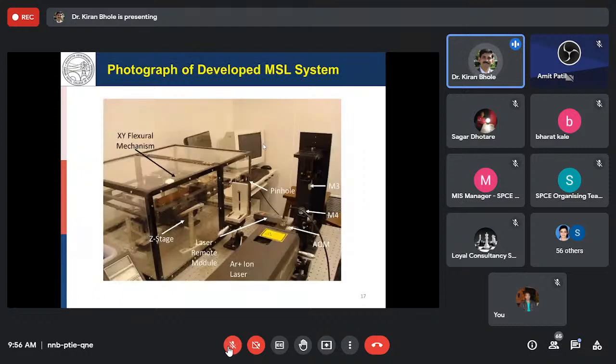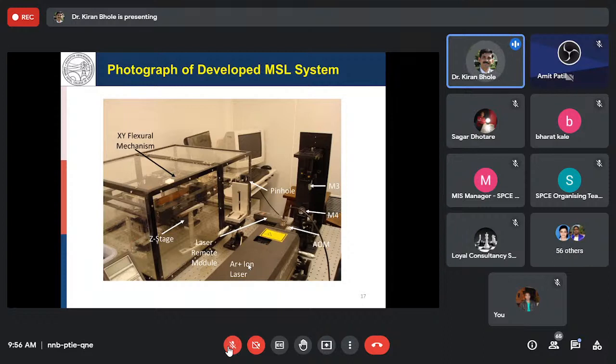This is the photograph of the developed MSL system. So this is the argon ion laser we are having. This is the source of the laser light. The argon ion laser used here is of 351.1 nanometer wavelength, and we can use many other laser sources as well, like Nd:YAG, as I told already.